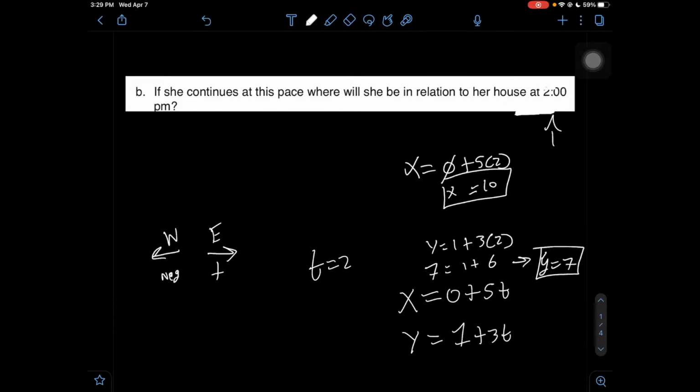So we know that we are 10 east of her house. And then we need to see that we have a positive y. And remember, y is north and south. I consider north as positive and south as negative. We have a positive number. So we know that she is 7 north of her house.